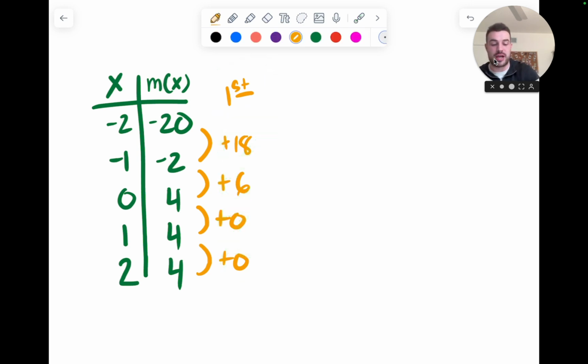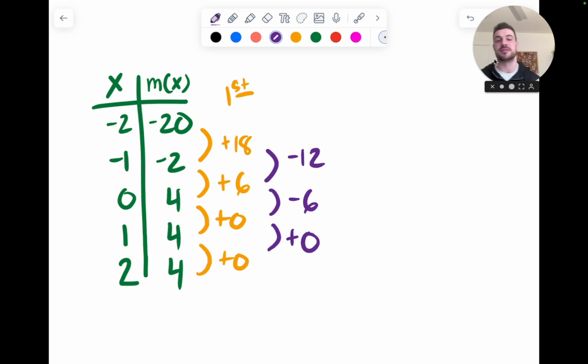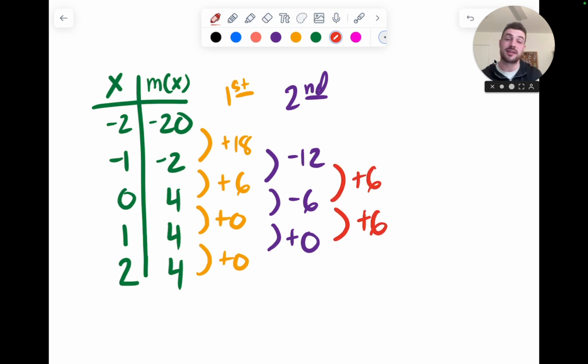All right, so let's check the difference in those values. We have -12, -6, plus 0. Again, our second difference is not constant, so therefore the degree is not 2. It is not a quadratic. We can do this one more time, and we can see we are adding 6 and adding 6, and therefore this is a constant number.